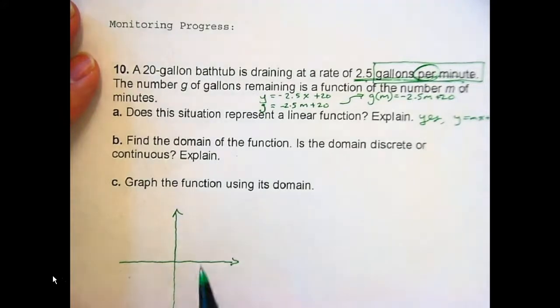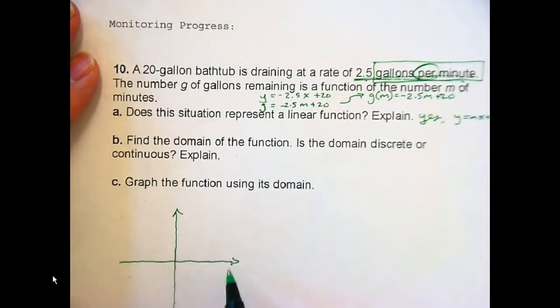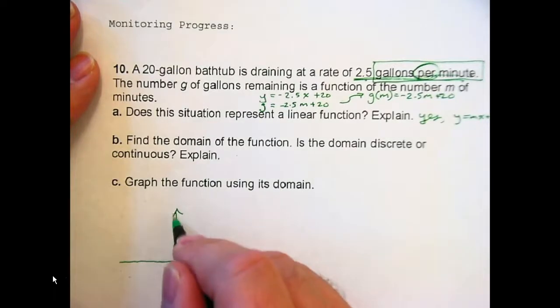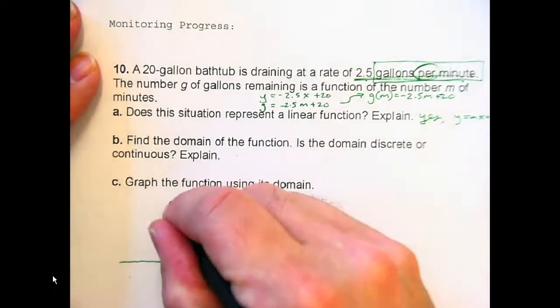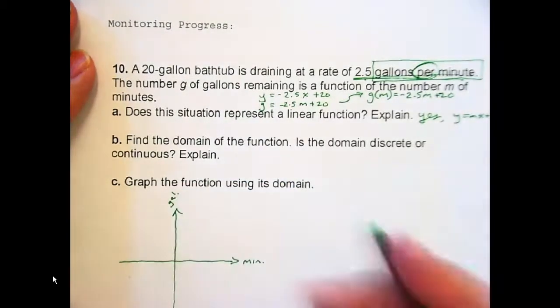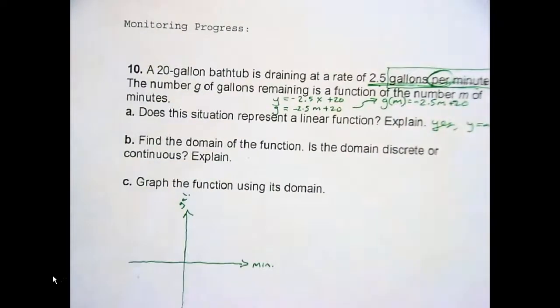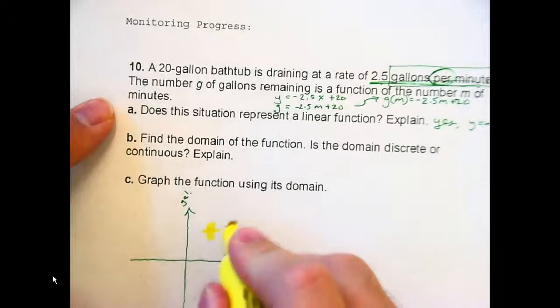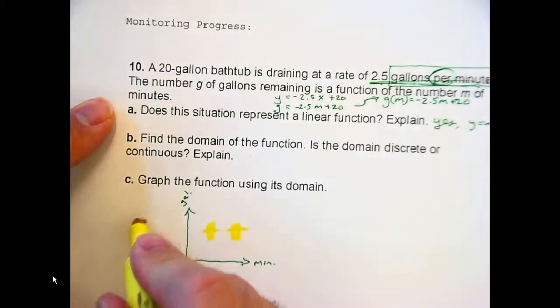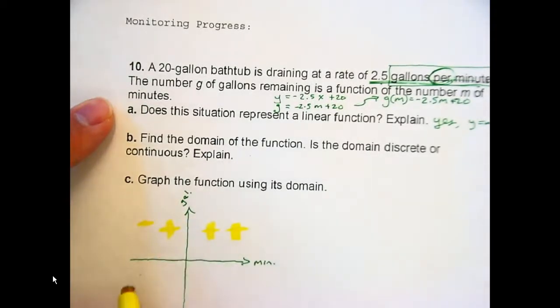Minutes and gallons. So is x minutes or is x gallons? X is minutes. So that means y is gallons. Okay? So we've got to ask ourselves, thinking back to what we've been talking about, this right here is plus plus, minus plus. What's this one?